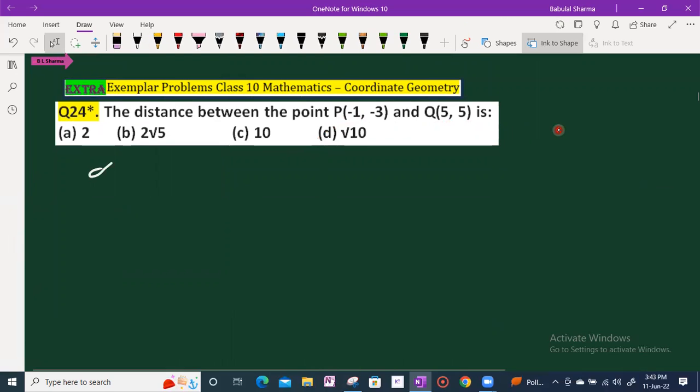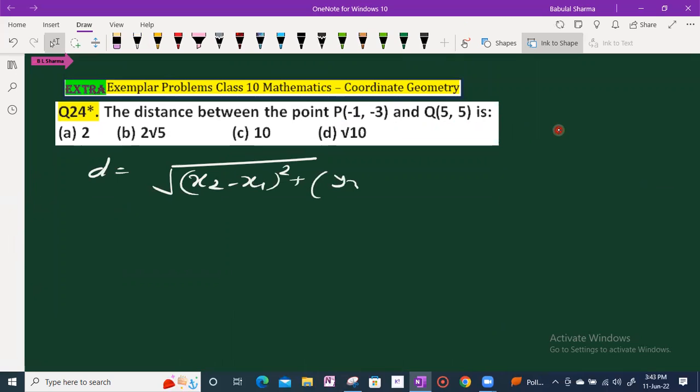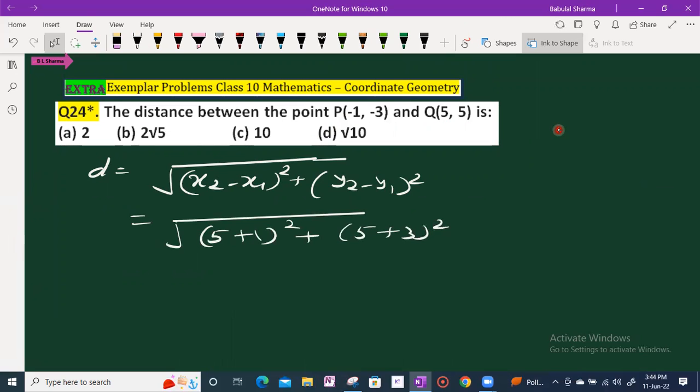Again taking the distance formula. आप इतने बार डिस्टेंस फॉर्मूला को लिखिएगा कि आपको लर्न हो जाए. x2 minus x1 whole square plus y2 minus y1 whole square, 5 plus 1 whole square plus 5 plus 3 whole square, that is 6 whole square plus 8 whole square.